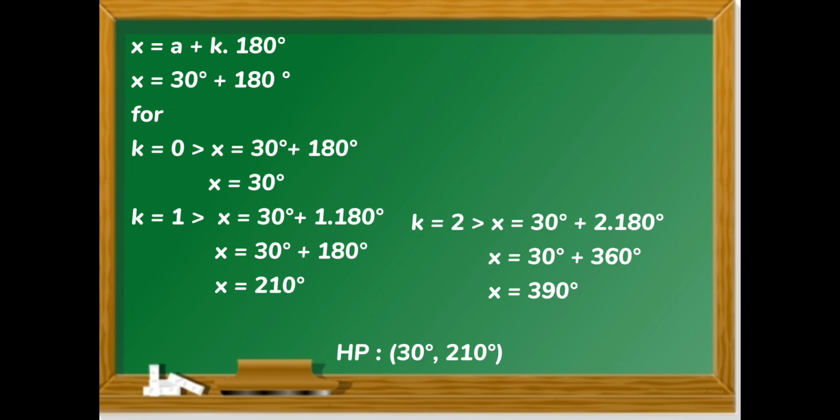Then for k equals 2, x equals 30 degrees plus 2 times 180 degrees, x equals 30 degrees plus 360 degrees, so we get x equals 390.